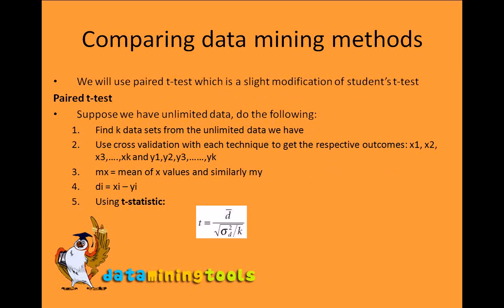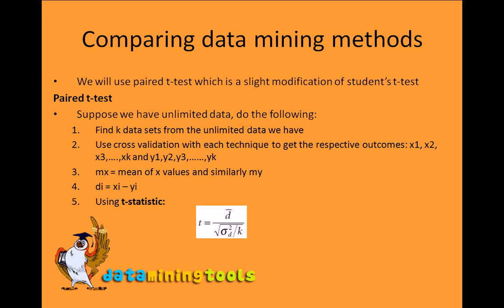So we'll be using the paired t-test, which is a slight modification of the standard Student's t-test. Now these are the steps of the paired t-test. We initially suppose that we have unlimited data, and now we repeat the following steps. We find k data sets from the unlimited data we have. Then we use cross-validation with each technique to get the respective outcomes.